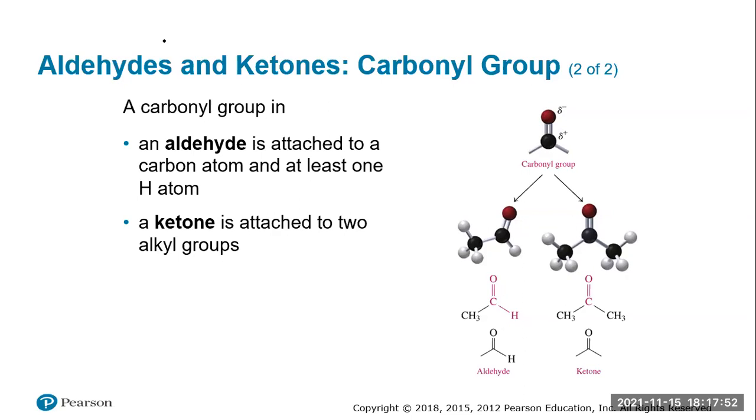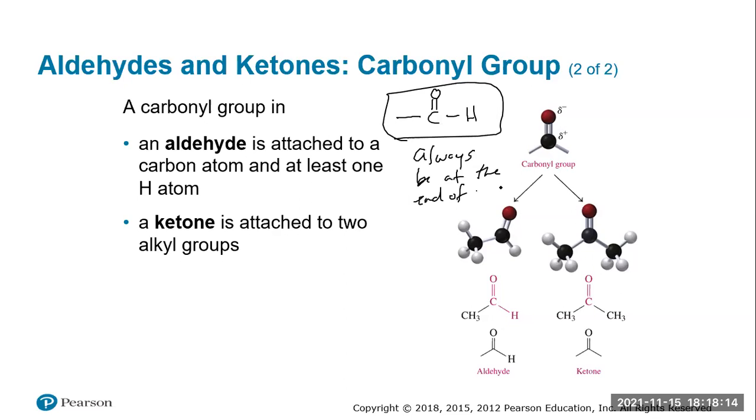Because of the aldehyde group having the hydrogen as part of its functional group, the aldehyde group, which is this guy, must always be at the end of a molecule. It goes back to the basics that we talked about with bonding.